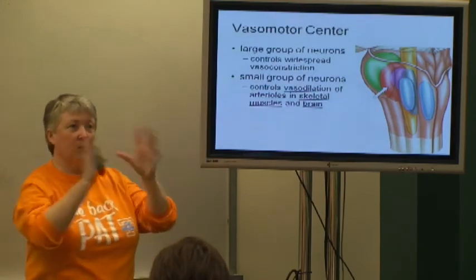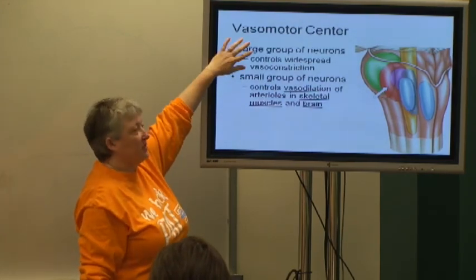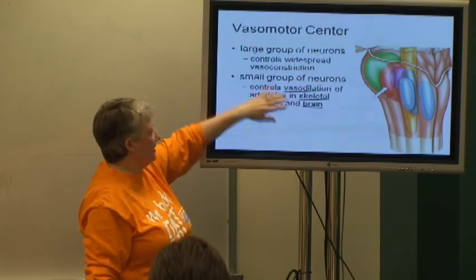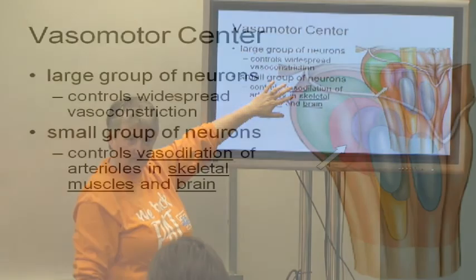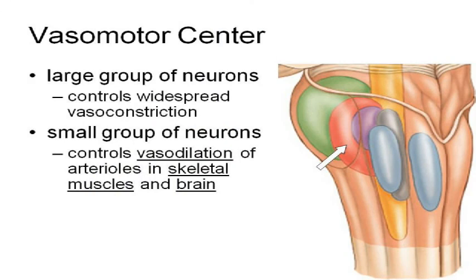Okay. And so the point is, this causes constriction of everything except for these. These cause dilation. At the same time. So that blood is shunted away from the periphery to the critical areas. And this happens during the fight or flight response. Anything that increases sympathetic autonomic nervous activity causes this.